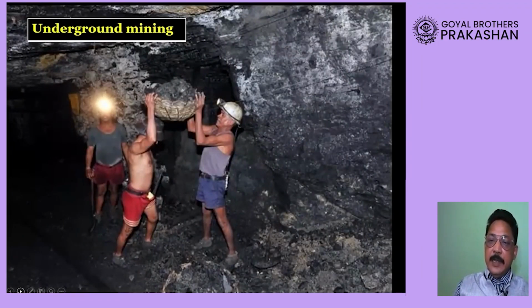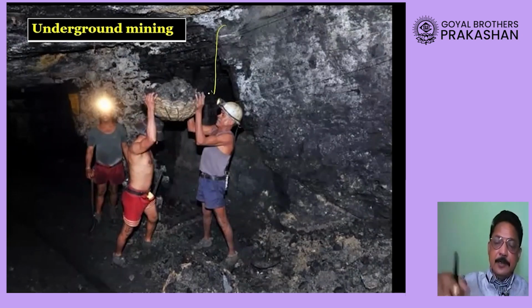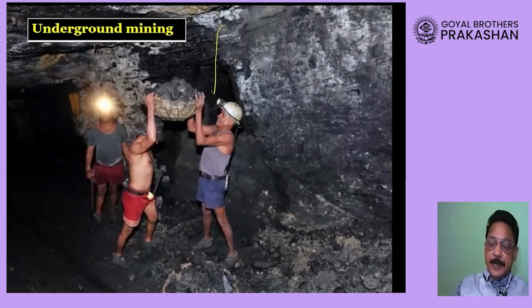Now, when we are carrying out extraction of coal, there are two types of mining. I repeat, there are two types of mining. You will see here the people seem to have gone inside the earth and they are extracting coal. We call it by the name underground mining.